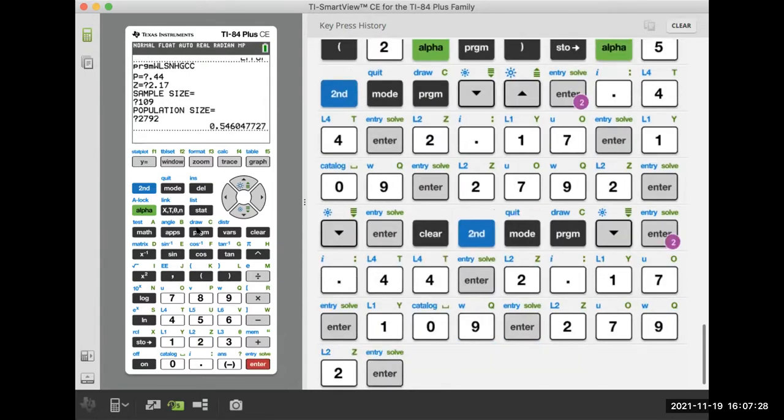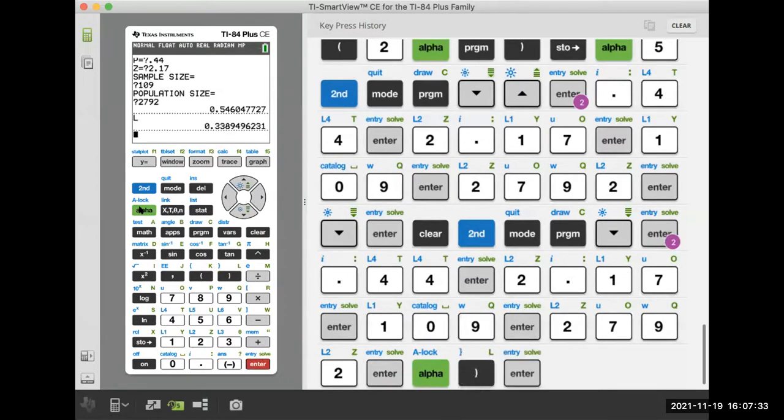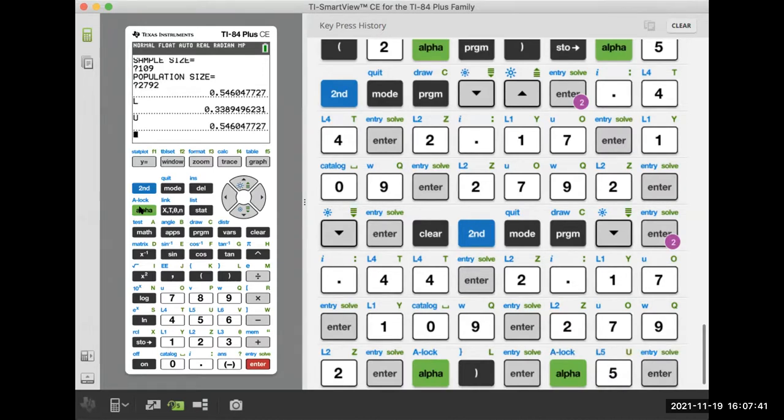And so you get here, and if you look at L, the lower limit is 0.3389496231, and the upper limit is 0.5460477727. Okay. So there it is.